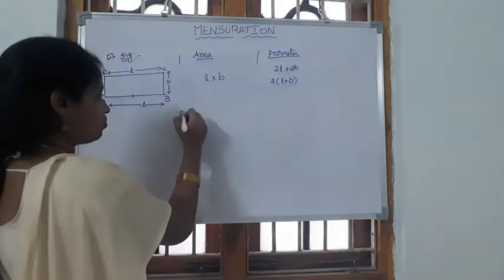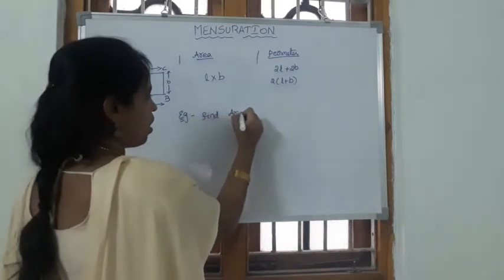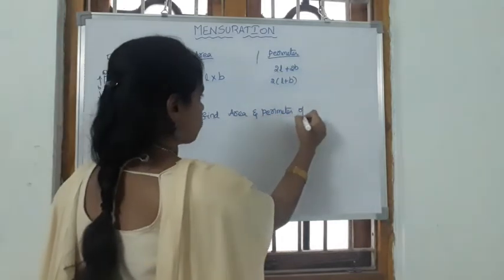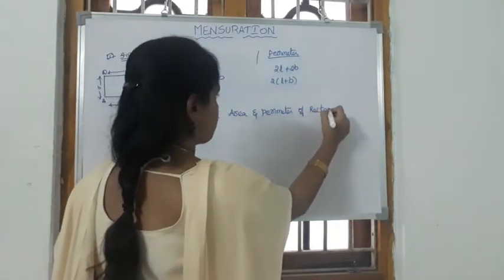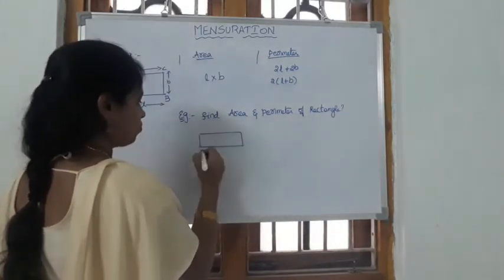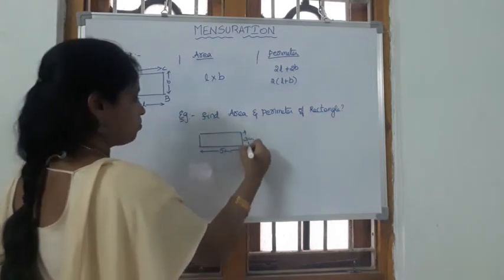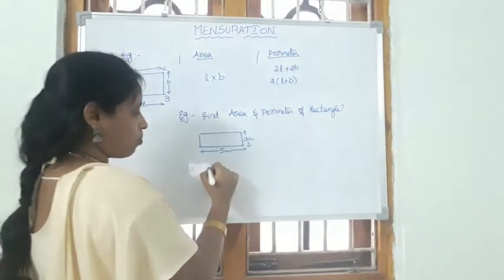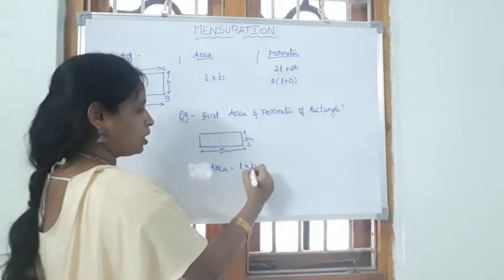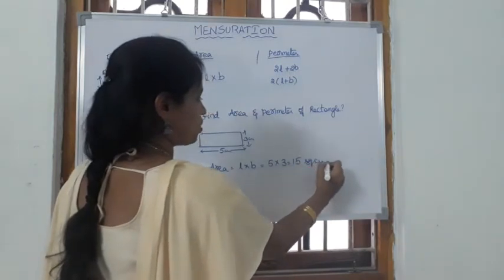For example, find area and perimeter of a rectangle. This is 5 centimeters and this is 3 centimeters. Area of rectangle formula is L into B, that is equal to 5 into 3 is equal to 15 square centimeters.